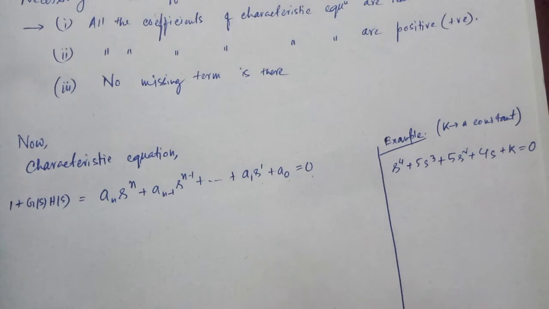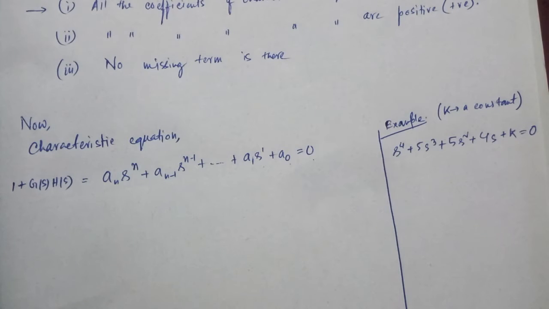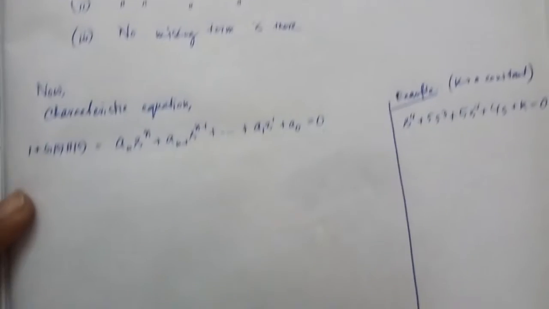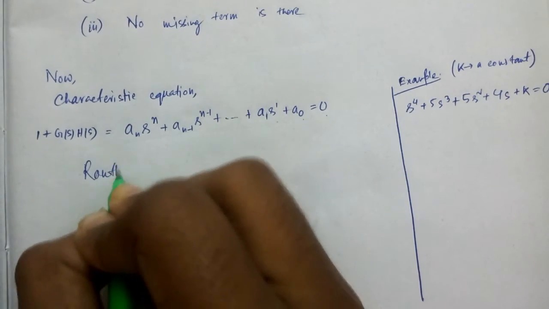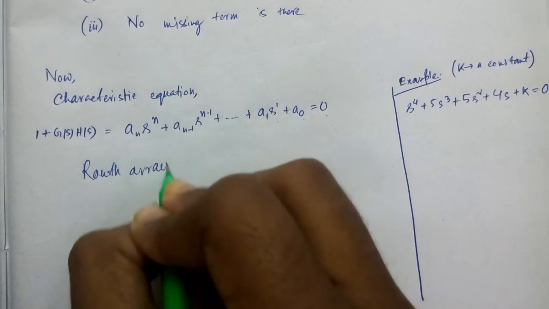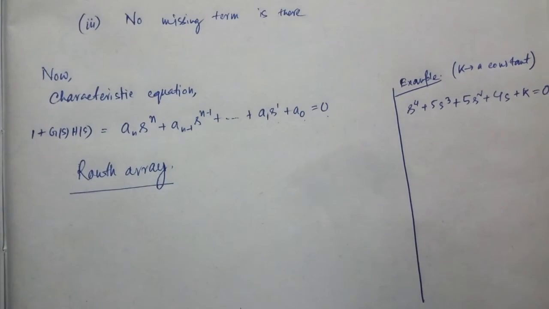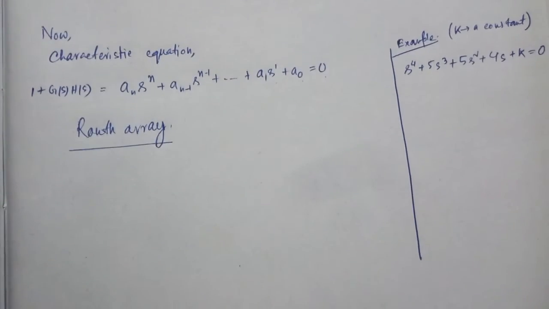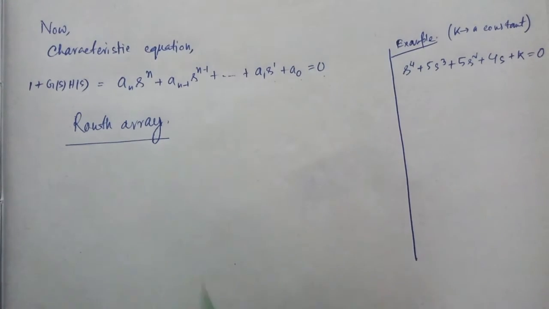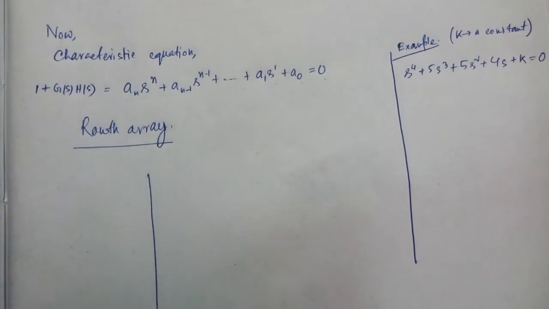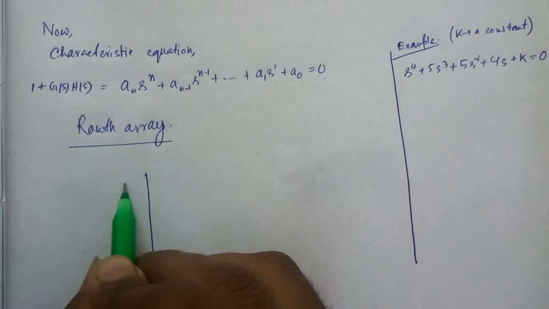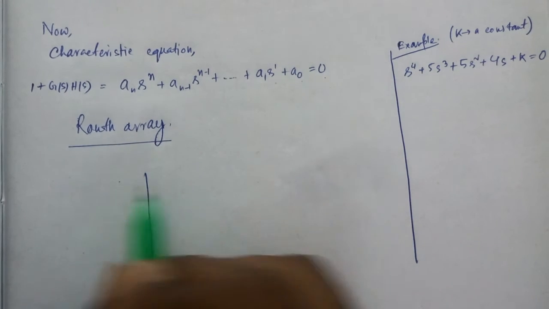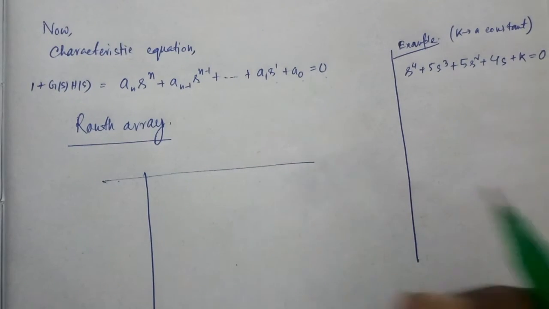So first let me show the general representation of Routh array. Routh array is just the geometric representation. In that representation we form two lines, an array kind of representation.